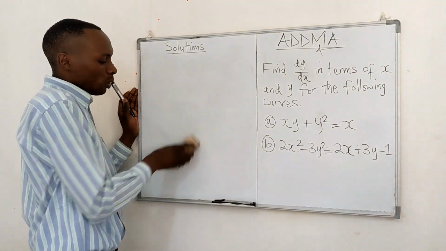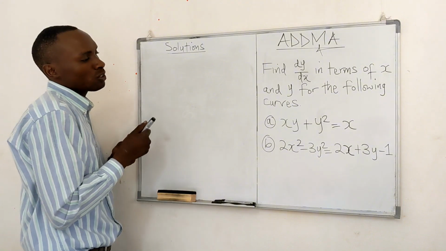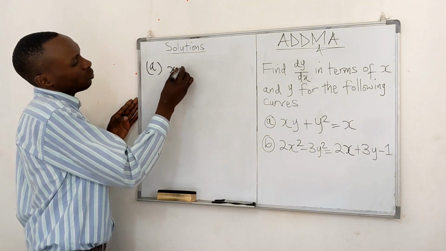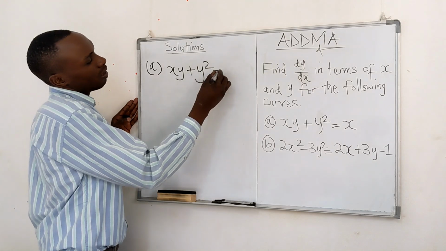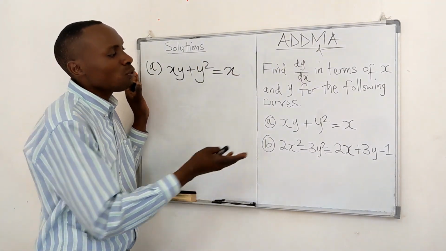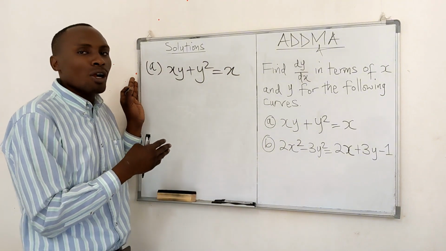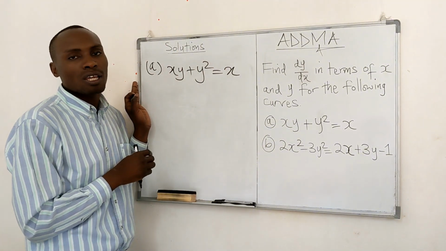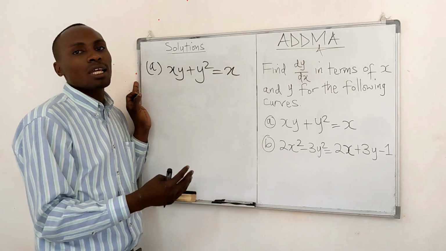Starting with the first one, xy plus y squared equals x. How do we get the derivative of this function? We are going to apply differentiation to each of these terms, with respect to x.